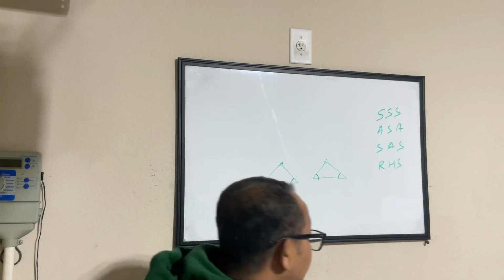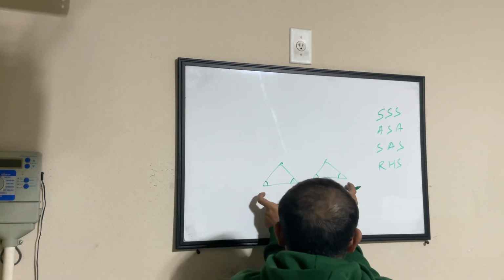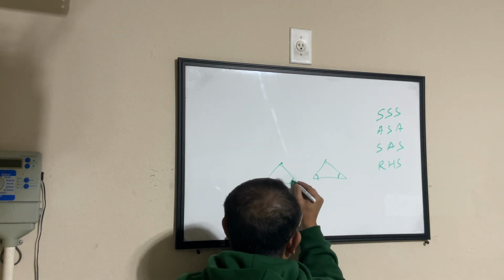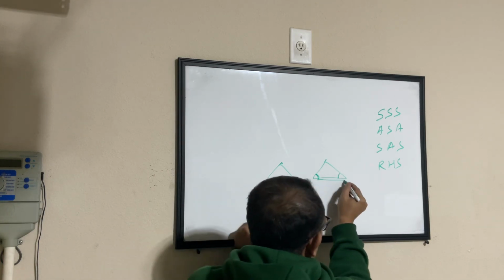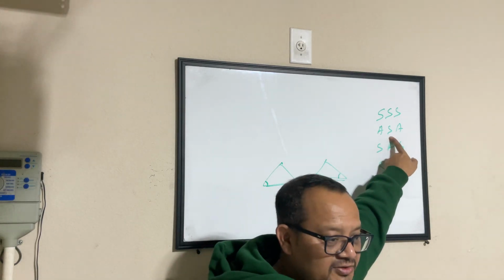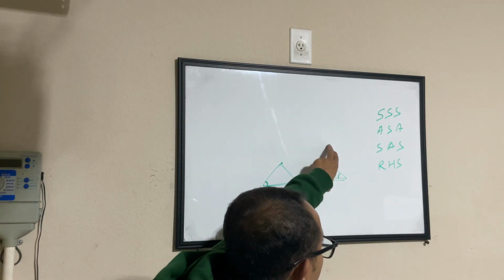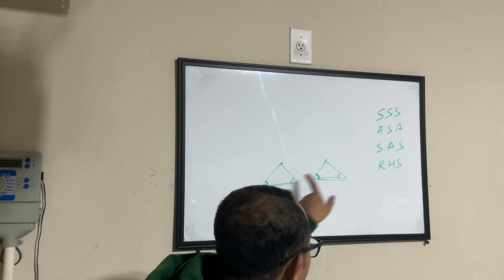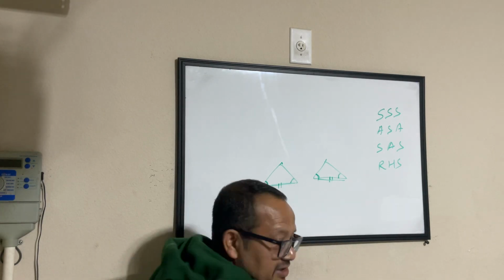Okay, so let me describe it. The way I wanted to hear it from you guys was that two triangles will be congruent if both of them have two angles matching and the side between the angles also matching. So two angles and the side between them. The order matters, okay? So that's why you will say if these two triangles are supposed to be congruent, then these two pairs of angles will match, and the side between the two angles is also matching.